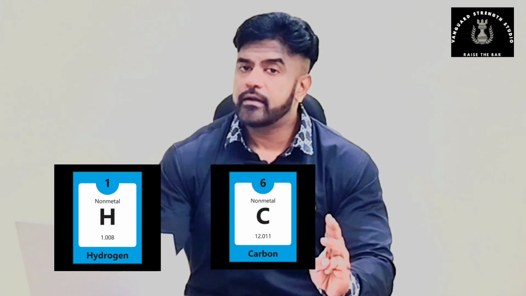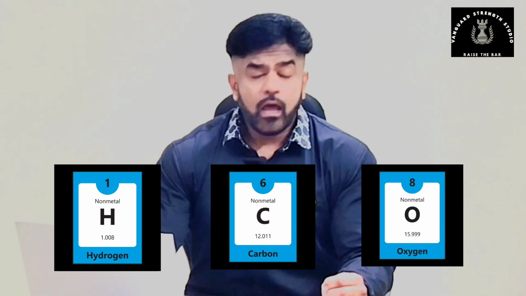All these fats are commonly made of three chemical elements, that is hydrogen, carbon, and oxygen. Now, saturated fatty acids are solid at room temperature, mostly found in dairy products like butter, ghee, cheese, red meat, coconut oil, etc. Polyunsaturated fatty acids are generally found in both plant as well as animal sources.